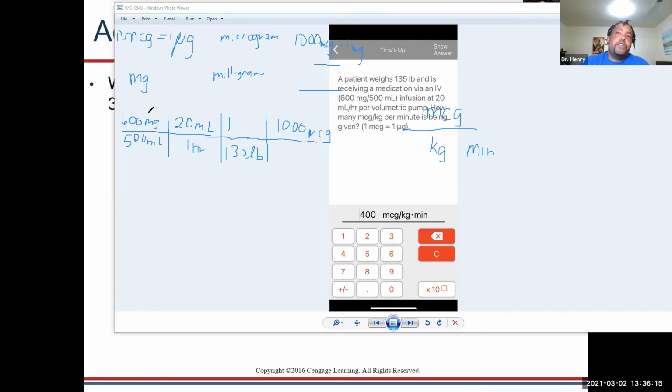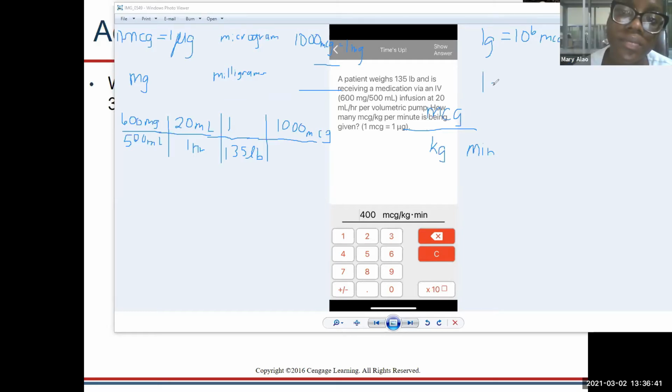Okay, so we have milligrams right here on top, and we want to get into micrograms, right? MCG, it's like the funny U. Okay, MCG. And just so you guys know for the record, 1 gram equals 10 to the 6 micrograms, and 1 gram equals 10 to the 3rd milligrams.